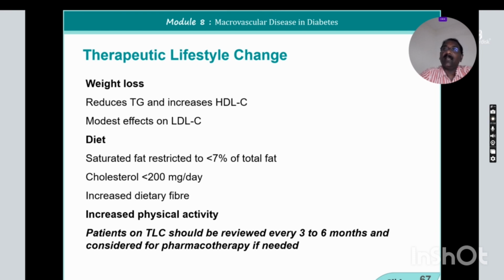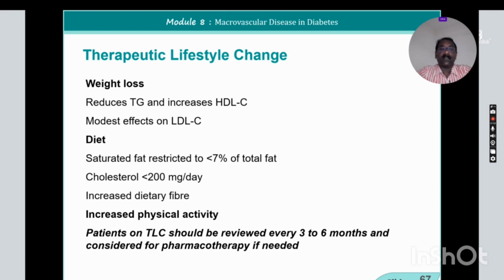Mainly two ways will increase HDL cholesterol: one is exercise, and number two is moderation of alcohol. Suppose the person is a chronic alcoholic and it is very difficult to stop the alcohol, then we advise moderation, which will help him improve HDL cholesterol. But higher amounts of alcohol will not improve HDL cholesterol. This is very important.